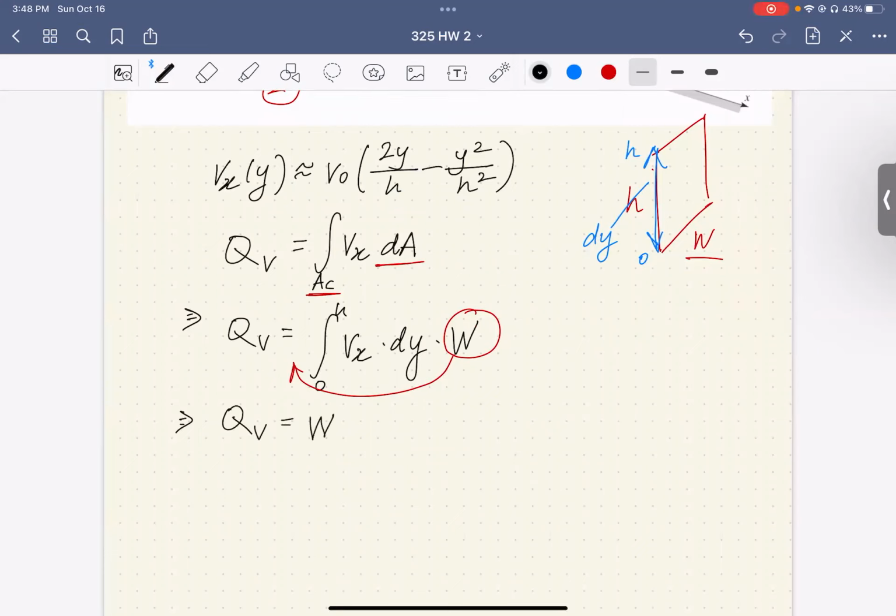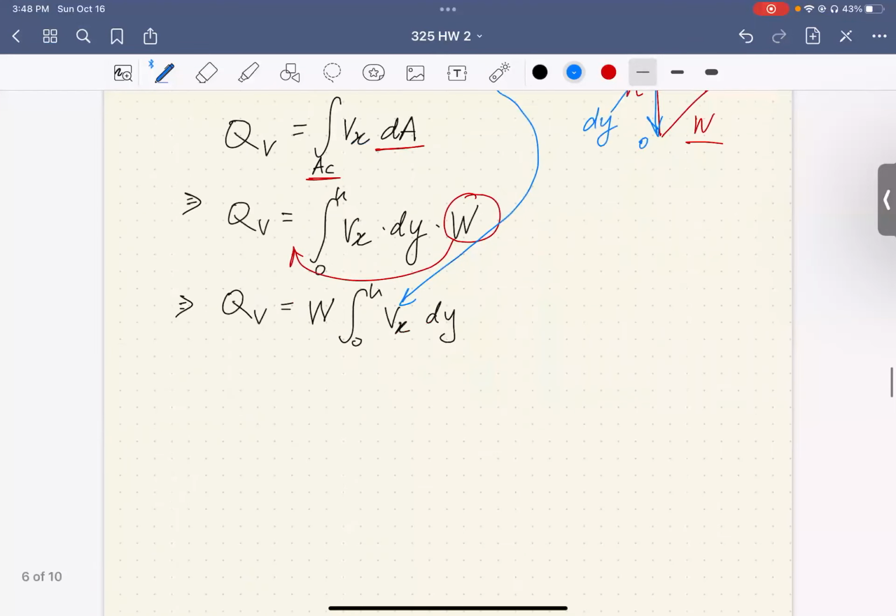So it's width times the integral from 0 to h of Vx dy. You plug the velocity profile in right there and solve for Q. It should work itself out pretty well.